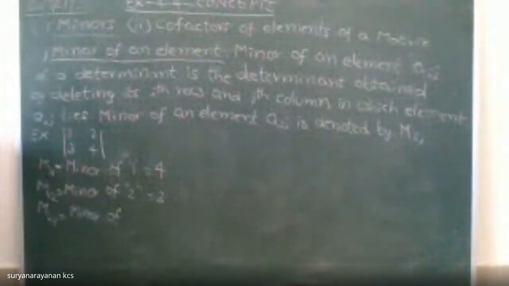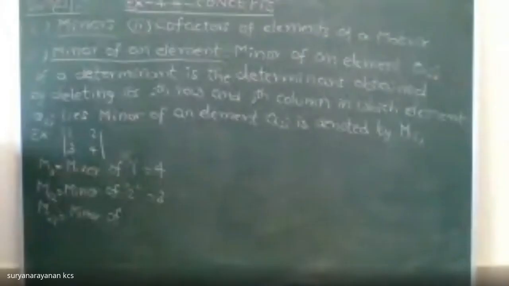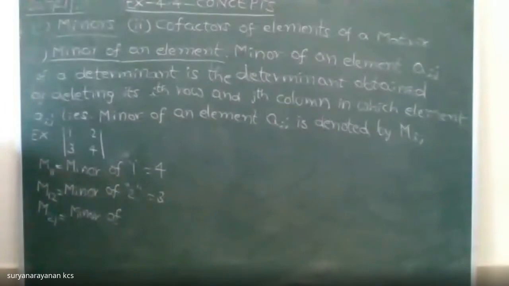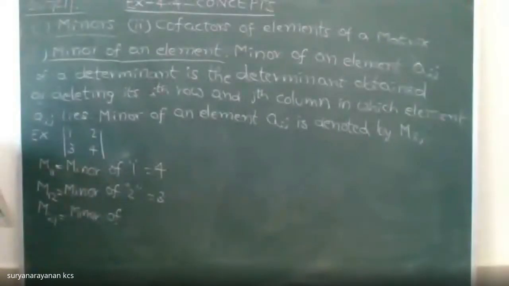What is the element in the second row, first column? 3, sir.